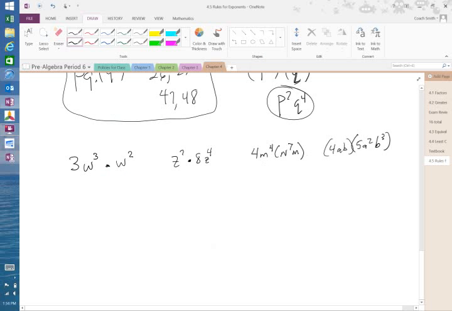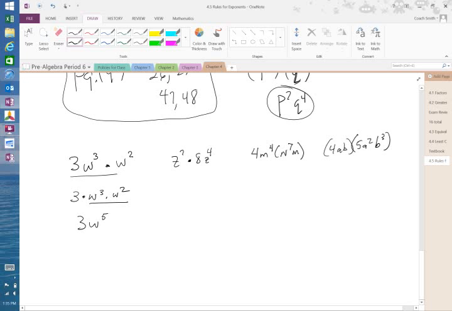All right. As we see these four problems, first one here, that's the same thing as that right there, and therefore we can put the w's together, and that gives you 3w to the 5th.